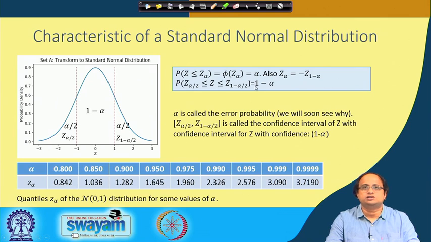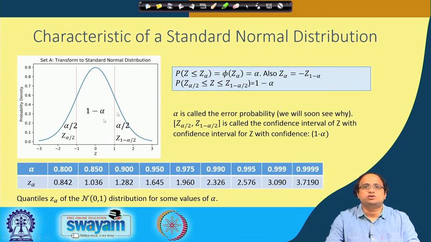If you take alpha by 2, the probability that it is less than Z alpha by 2 is alpha by 2.